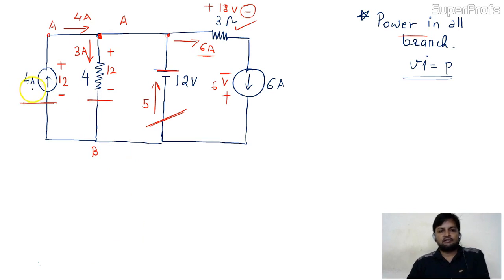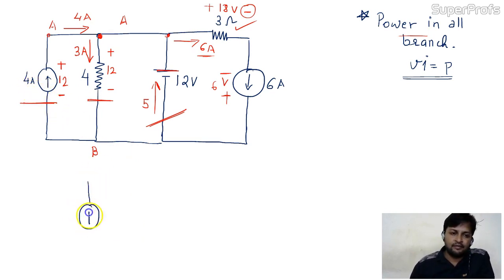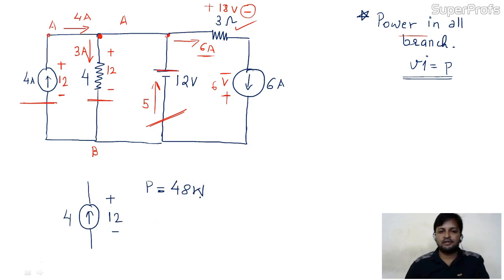This 4 ampere, see, the 4 ampere is like this, and the direction of voltage like this. So the power is, tell me the power. 12 into 4, 48 watt.